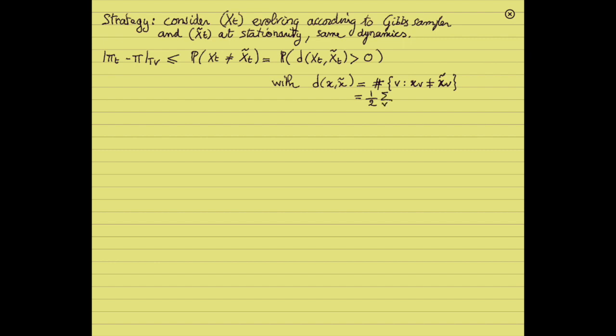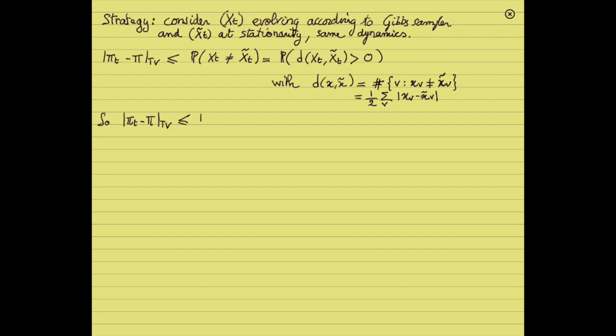Equivalently, this is 1/2 of the sum over all locations v of the spins at location v in x and x tilde, because the difference, if there is one, is equal to 2 between -1 and +1.